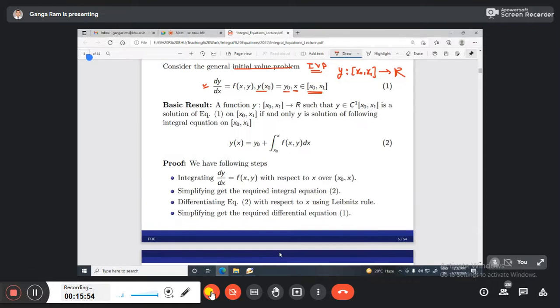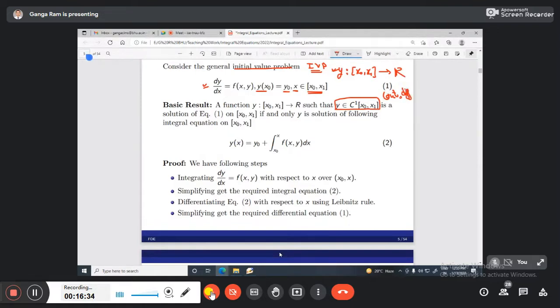Basically, the function y will be a solution of the initial value problem if the first condition holds: y is a function from x naught to R such that y belongs to this class, a class of continuously differentiable functions. Continuously differentiable means functions are differentiable and the derivative is continuous.